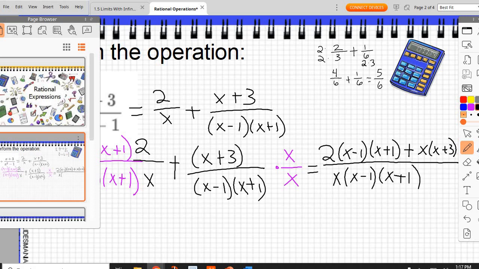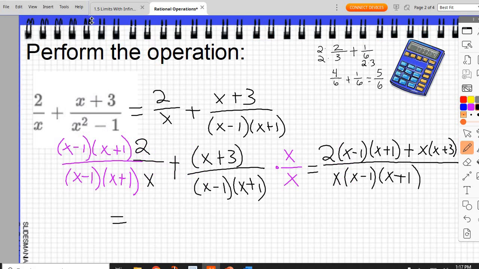Alright? Now, we do want to simplify the top, so notice that our bottom is already in factored form, so we don't need to multiply that out. However, on top, it is not in factored form, and it is not simplified, so we need to simplify that. So, if I multiply the x minus 1 times x plus 1 out, what are we going to get?